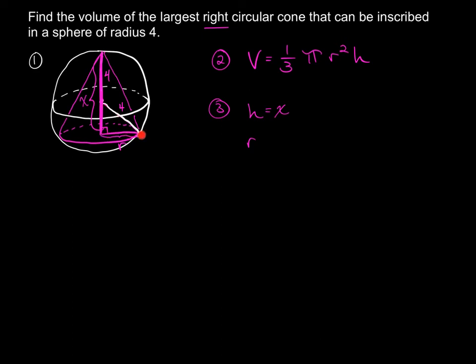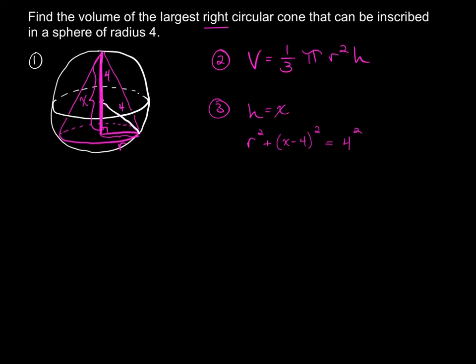So r squared plus something squared equals 4 squared, because 4 is the hypotenuse on this little triangle right here. But how long is this distance? Well, this distance is the entire height minus this part here. So what's going in here is x minus 4 squared.